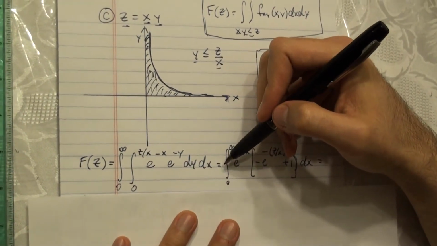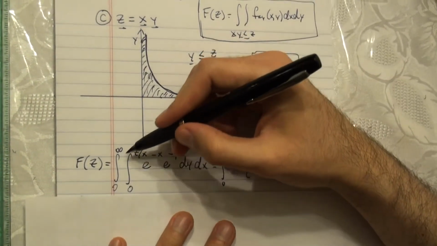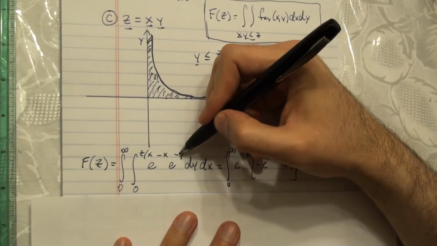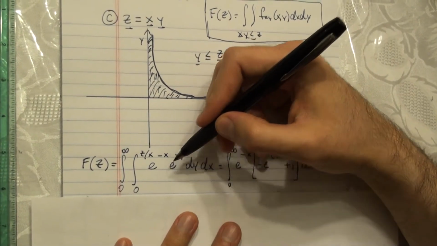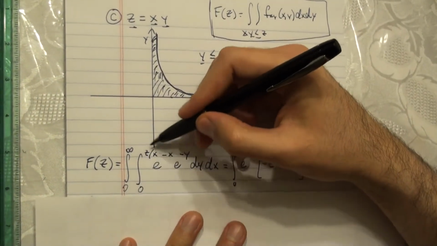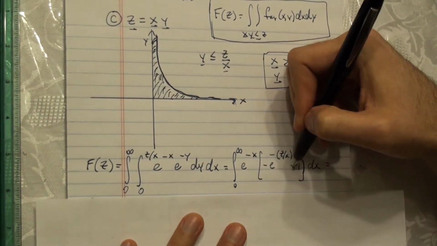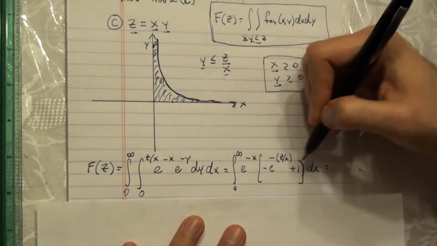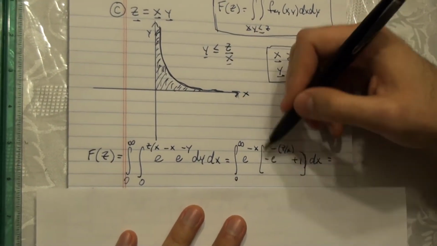So I do the integration with respect to y. We'll bring down the minus, and it's going to be minus e to the minus z over x minus, but we still have another minus, so it becomes a plus, e to the minus 0, so it becomes 1. This is what we're left with.